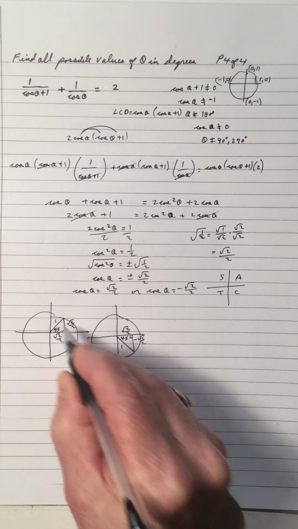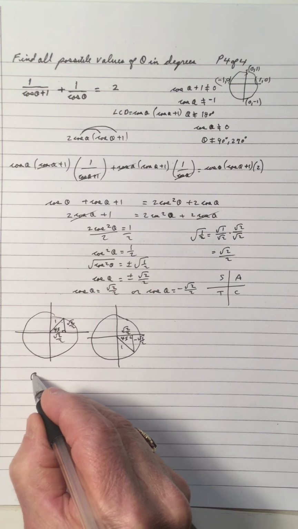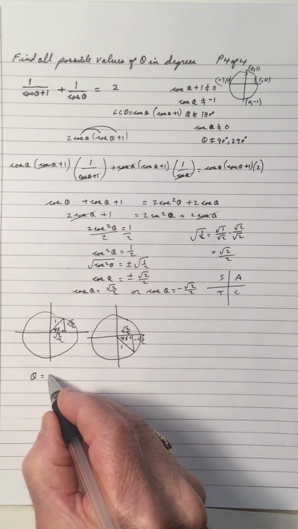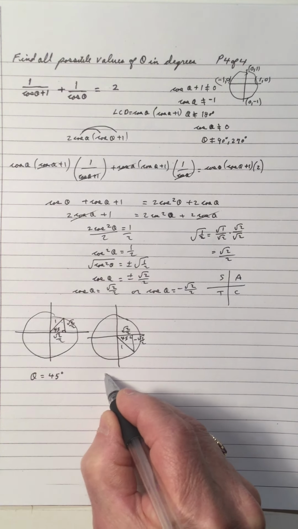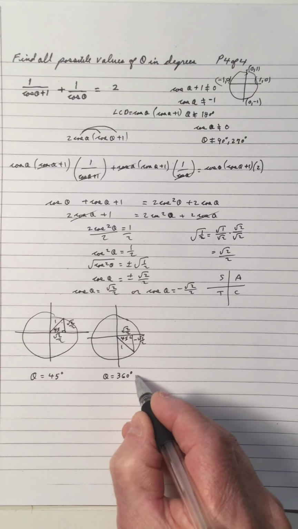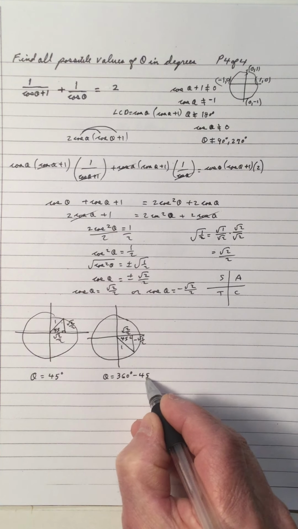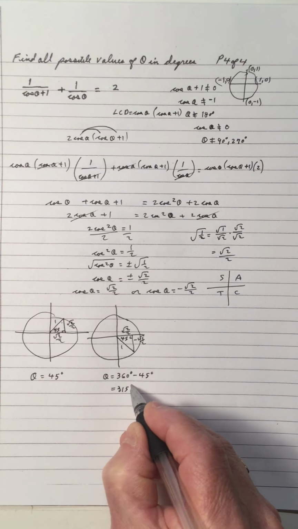This angle here is 45. So in the first quadrant, theta is the reference angle, so we have 45 degrees. And in the fourth quadrant, we have 360 minus the reference angle of 45. So that's 315 degrees.